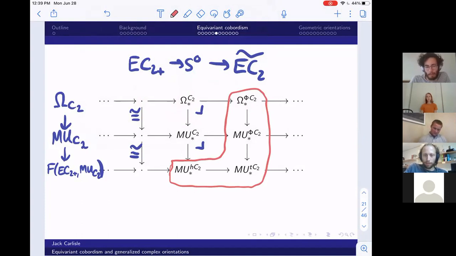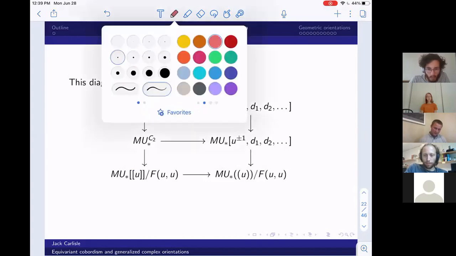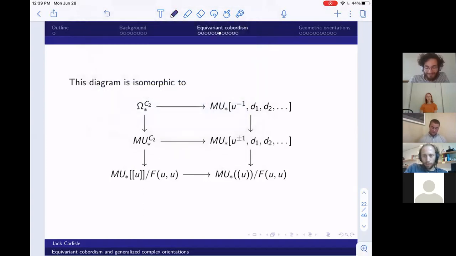So in order to get through all the material, I'm going to skip through some of the technical details here. The point is that the salmon colored outline can be calculated very explicitly. That's what's written here. So instead of these mystery rings, which are the geometric fixed points and the homotopy fixed points and the Tate fixed points, if you know what those mean, we can actually write them out algebraically.